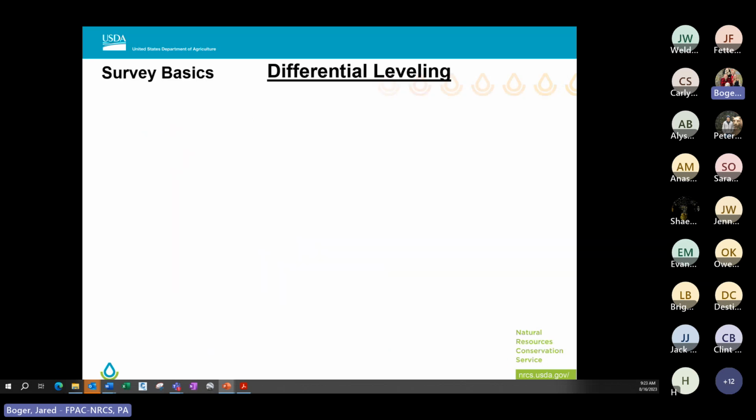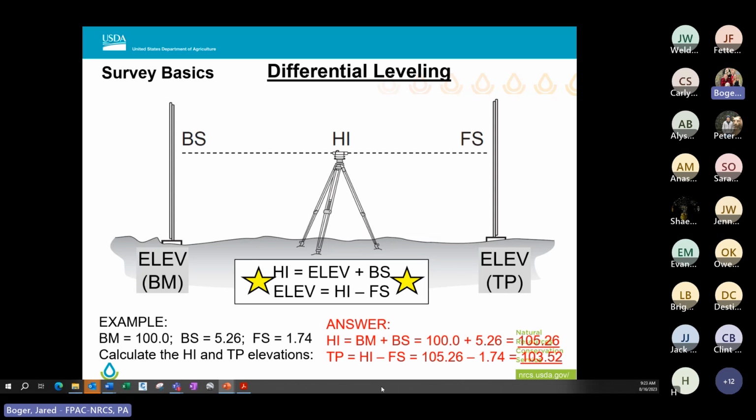Let's see here. Give me a second. So like I said, for an example, we have a benchmark of 100. Our backsight is 5.26. To get our height of instrument, you have your benchmark, which would be assumed elevation of 100, plus your backsight is your HI, which is 105.26. This is just an example.